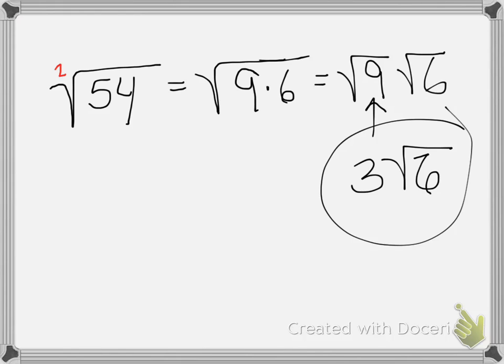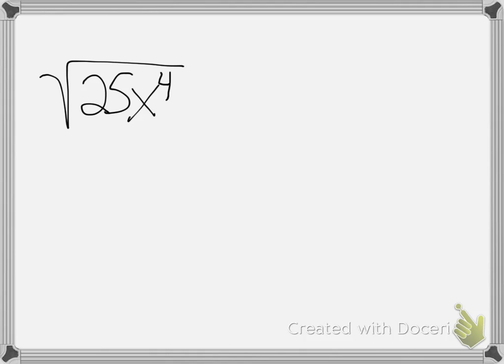The more you do of these, the easier it becomes. I know you're looking at 54 going, well, I could break it down a lot of ways. You'll learn what your perfect squares are, and you'll start looking for them. Take this one: the square root of 25 x to the 4th. You always want to think about what your index is. I'm dealing with an index of 2, so I want to break stuff down into squares. Well, I know that the square root of 25 is really 5.